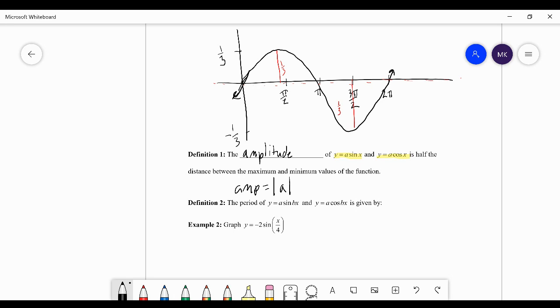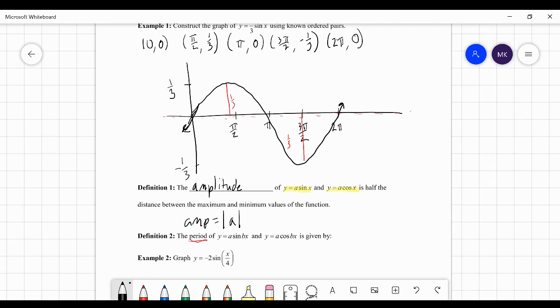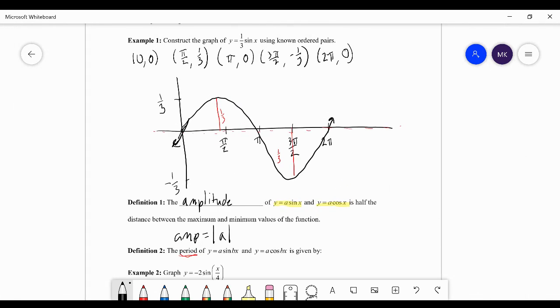The next definition that is really important to know is period. The period is the amount of time, in other words, the horizontal distance it takes for our function to complete one cycle, to start repeating itself. If I come back up to this function we've got drawn for example 1, I'll switch over to blue there.